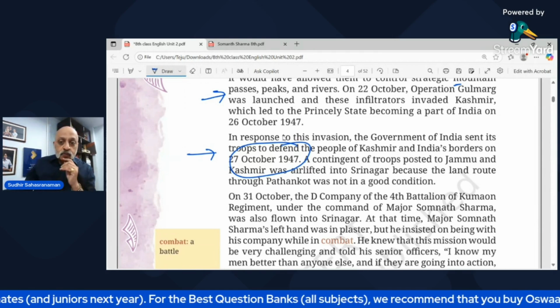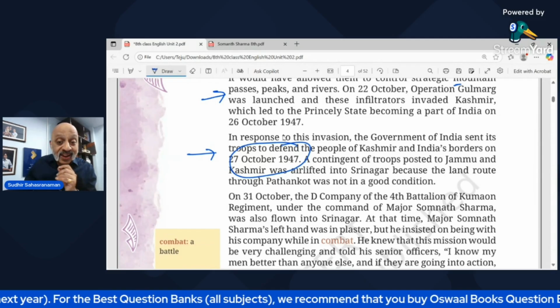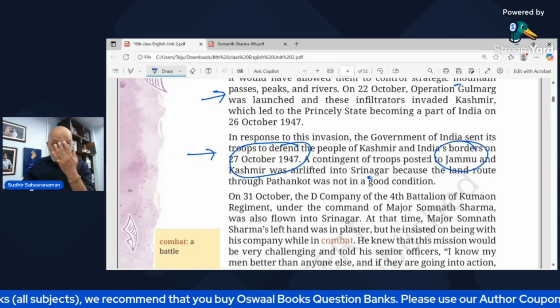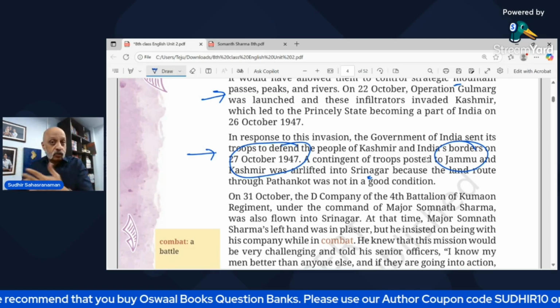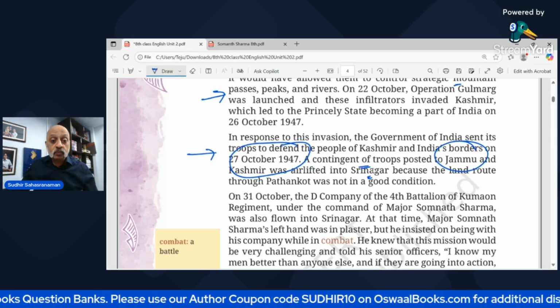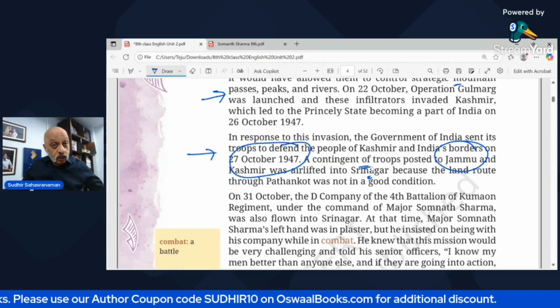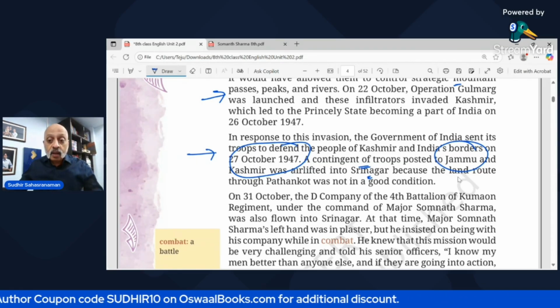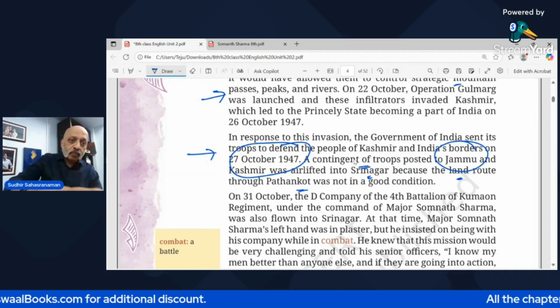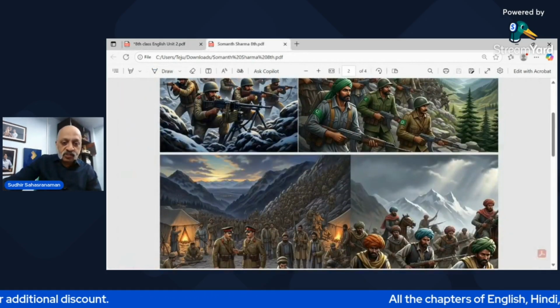A contingent of troops posted to Jammu and Kashmir was airlifted into Srinagar, because Punjab and so on was obviously part of India, so there was army there. The troops were sent to Srinagar because the land road through Pathankot was not in good condition. Let me show you some more very interesting illustrations.